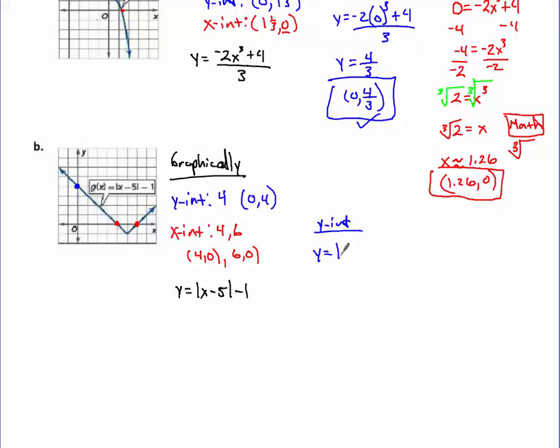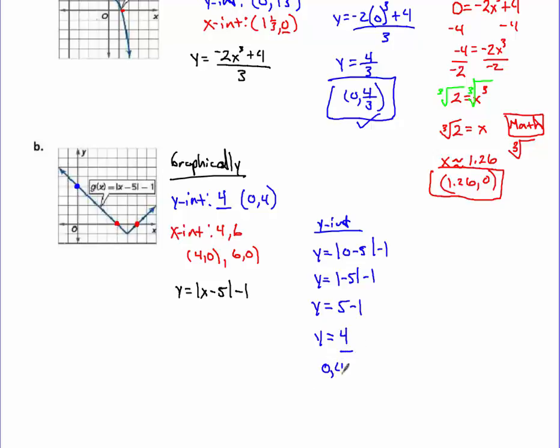Y equals the absolute value of 0 minus 5 minus 1. So y equals the absolute value of negative 5 minus 1. And you know that absolute value makes things that are inside the absolute value positive. So this is just 5 minus 1. So y equals 4. And just like my graph showed me, y equals 4. So I feel good about that.